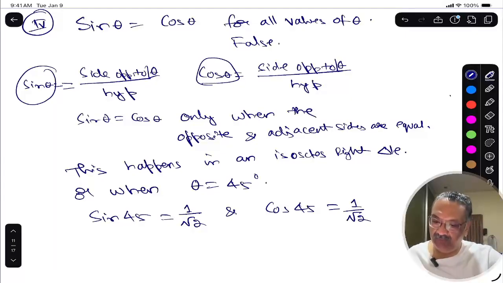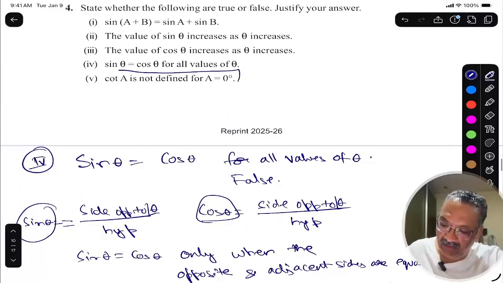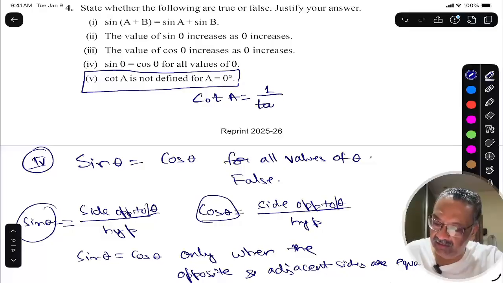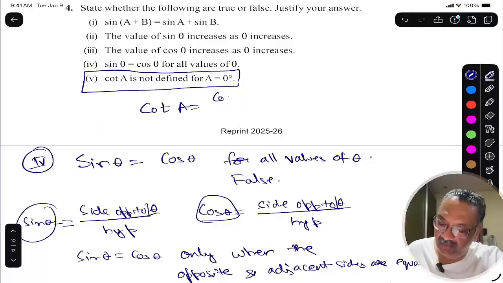Similarly, the fifth one, cot theta is not defined for a is equal to 0. What is cot a? Cot a is equal to 1 by tan a. What is tan 0? Tan 0 is equal to, or you can also take it as cot a is equal to cos a by sin a. So, what is cot 0?